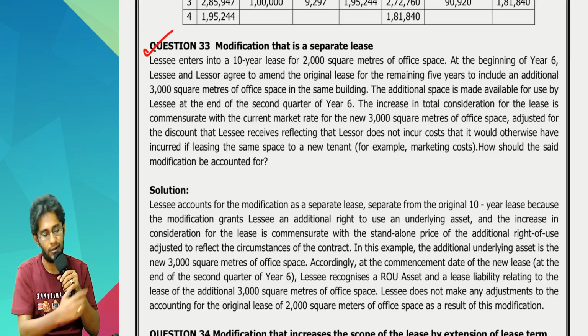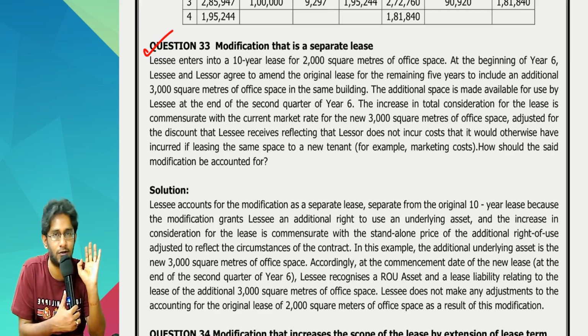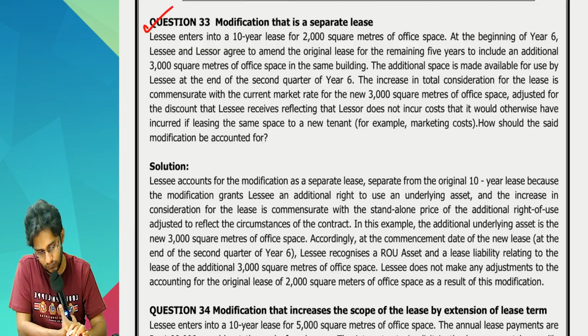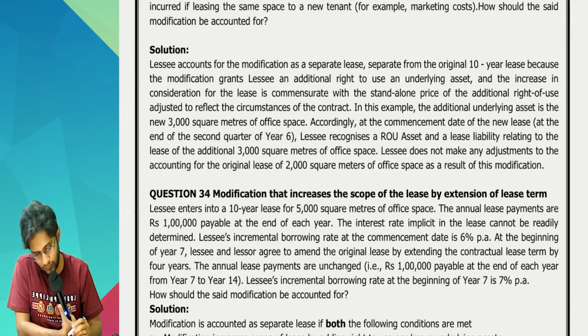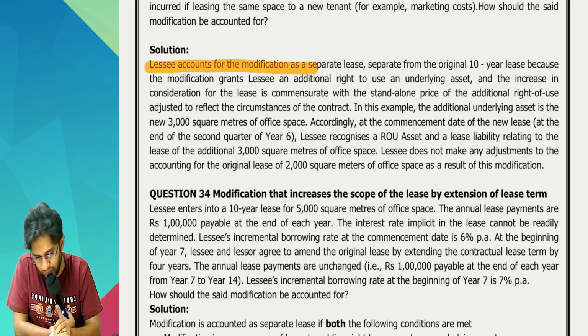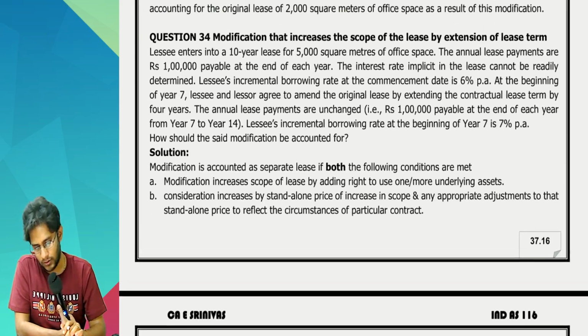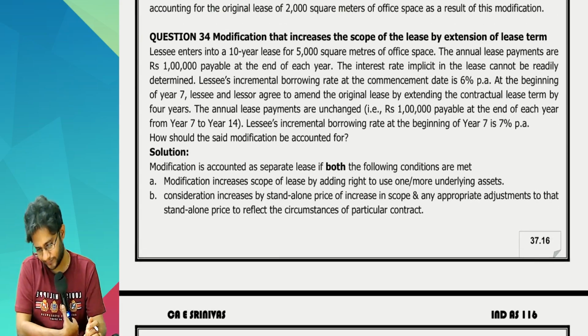Therefore, this will be treated as a separate lease contract. So he says that lessee accounts for the modification as a separate lease. So it is as good as the first asset is separate, second asset is separate. Various questions. Come to next one.